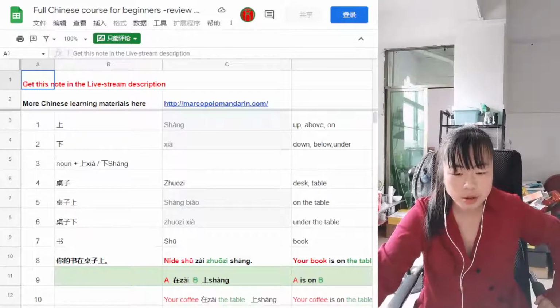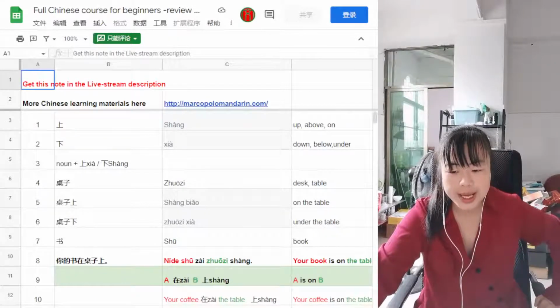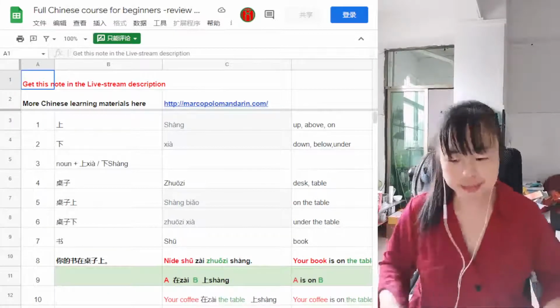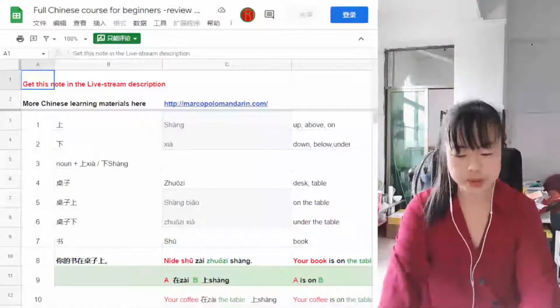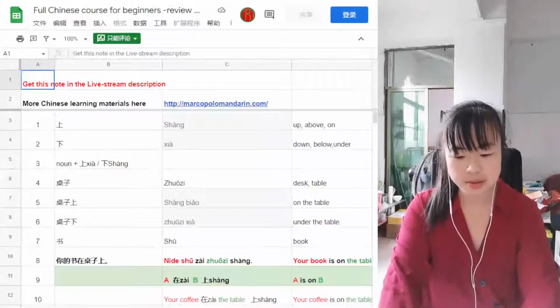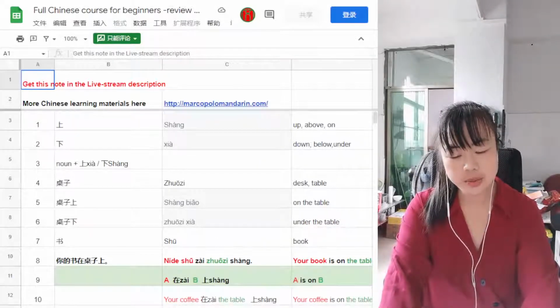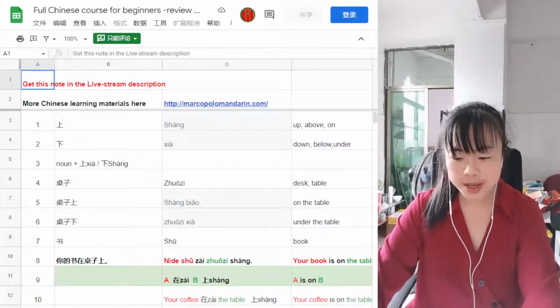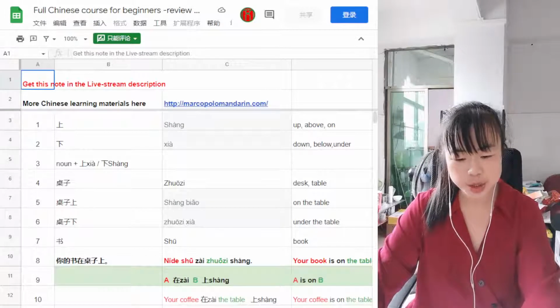Okay, now according to the pattern, we can say A, which is the table, which is 桌子, right? And then we keep 在. And then B, which is the green part. The green part is the bus station.